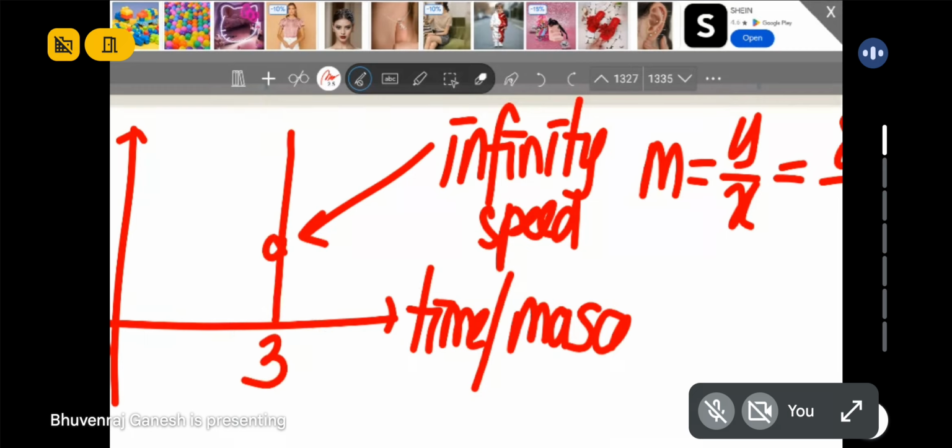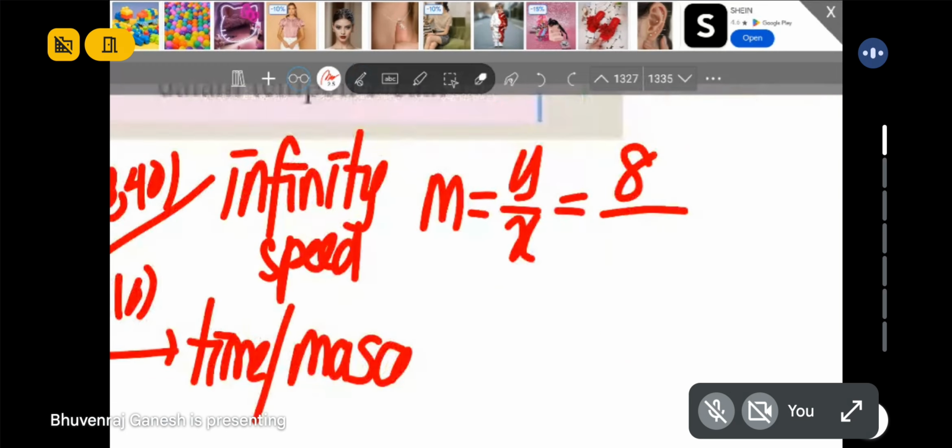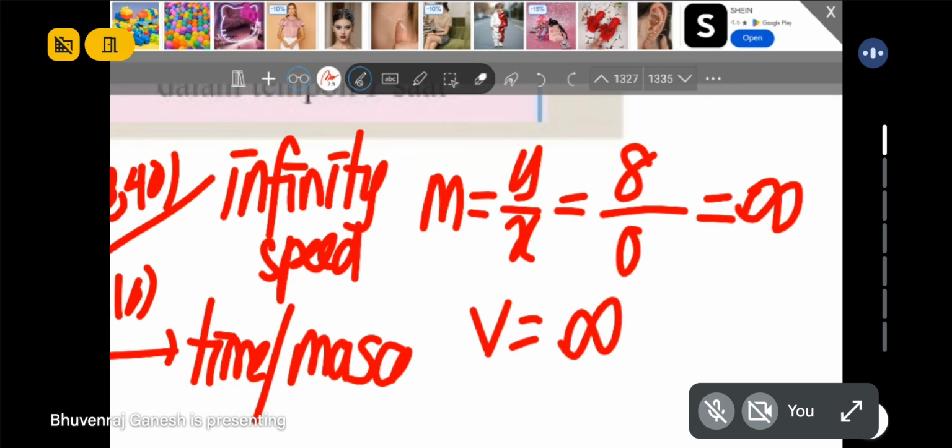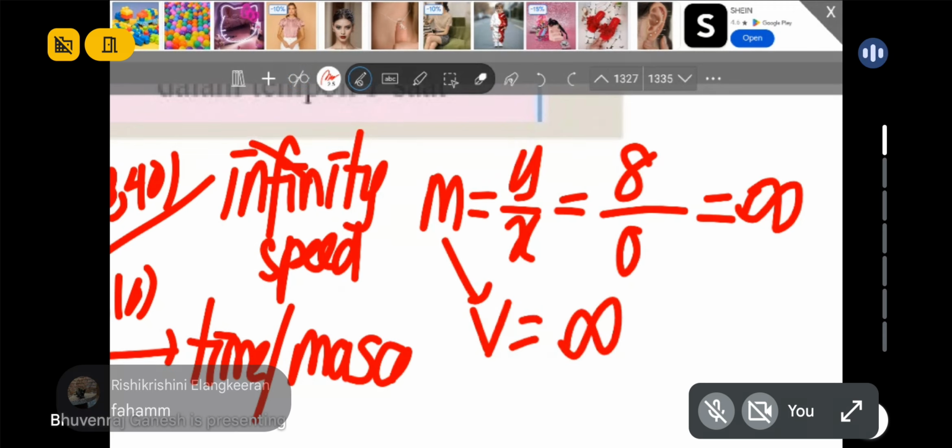So this point, maybe 3 at 10. This point, 3 at 40. Semua 3 kan? So x tu kosong lah. Perbezaan dia. 3 minus 3, 0. So guys, 8 over 0. Infinity. Correct? So if gradient infinity means what? Speed also infinity. Faham? Kalau kecerunan tu infinity, maka laju juga infinity.